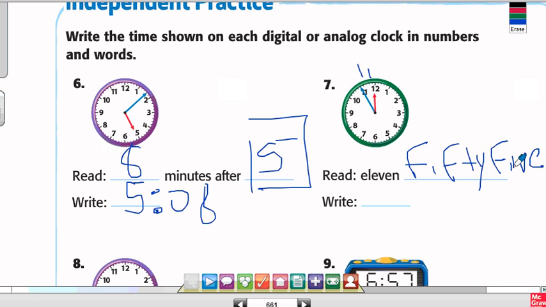I have to write it in word form. And how do I write the time? What comes first? Hour. What's the hour? 11. What comes next? 55.